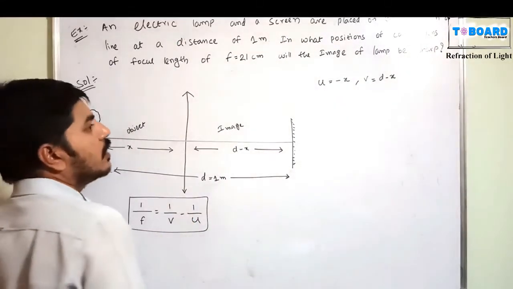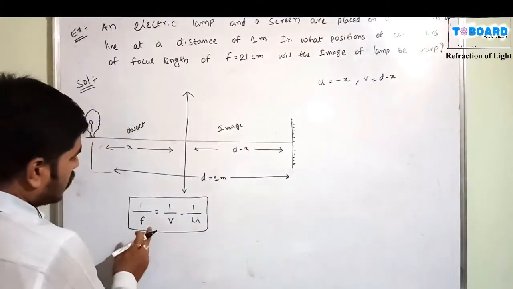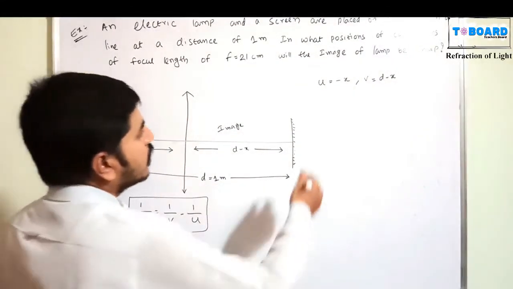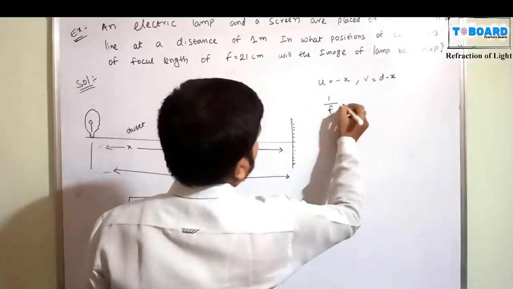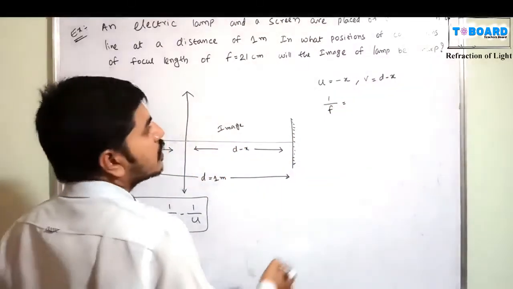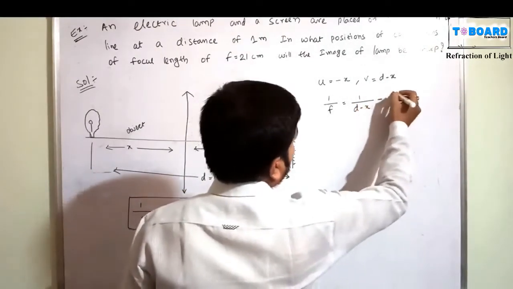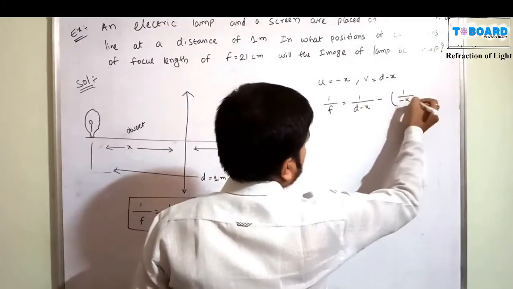Next I substitute in the formula 1 by f equals 1 by v minus 1 by u. Then 1 by f equals 1 by d minus x minus 1 by minus x.